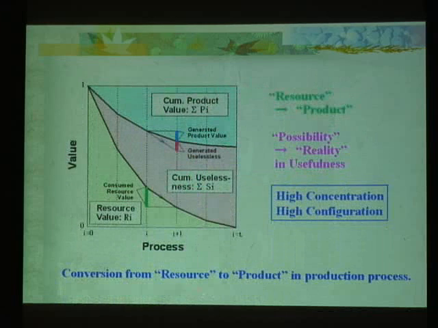In the production process, we divided into several stages, and on the horizontal axis, the processes to be proceeded. Then on the vertical axis, we put some value. In the first stage of the processes, any process started with the resource value.